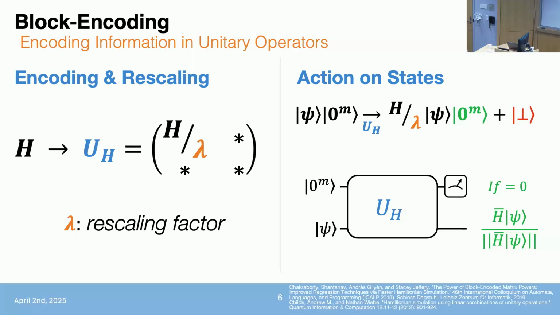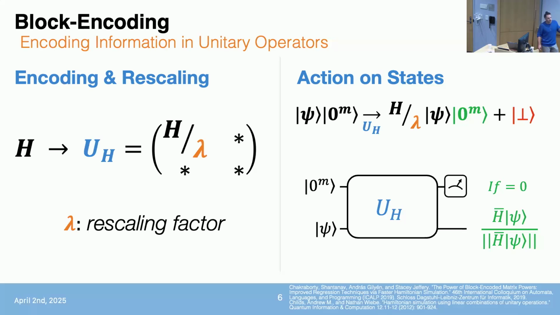But obviously you can imagine that if I keep wanting higher powers of that operator, the probability of success is going to decrease exponentially. I'll get to it in a bit, but there are smarter things you can do than to just keep applying it and measuring. But yeah, that's one application.